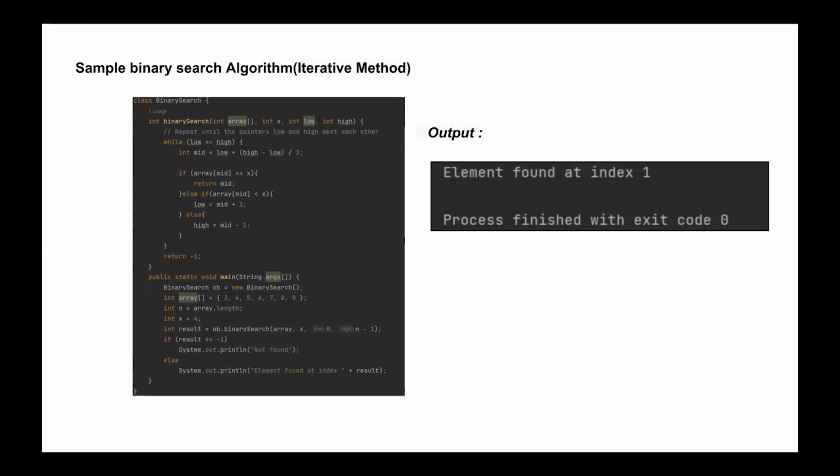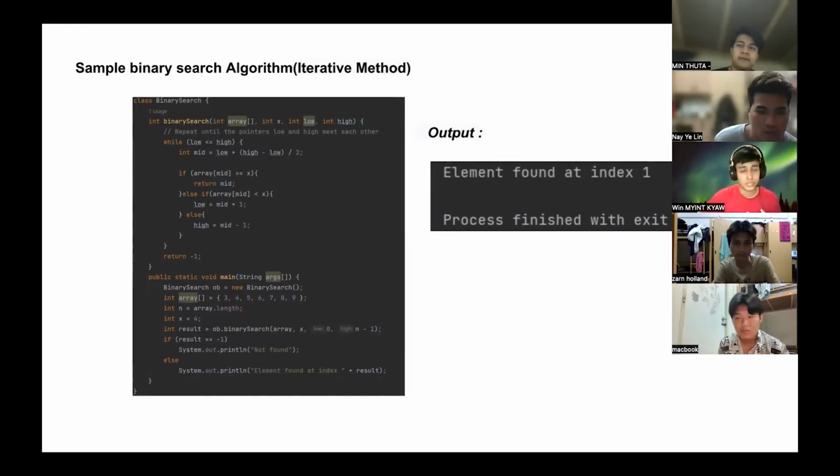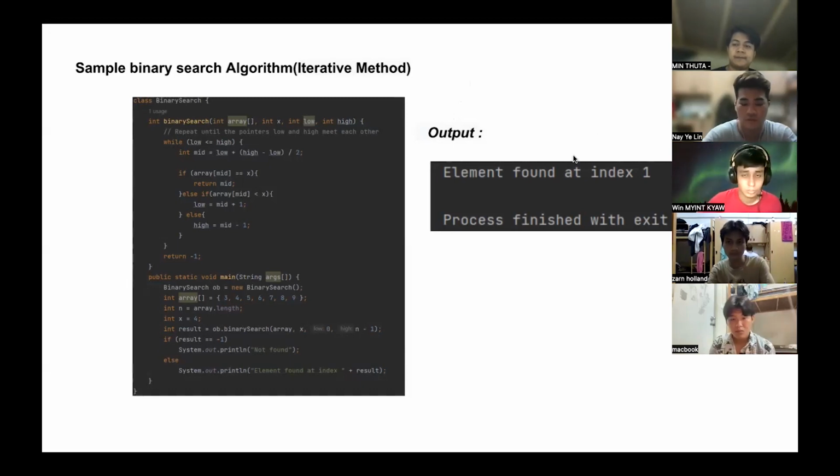If mid is lower than the index, we will go to the left side, and the value of low will be mid + 1, while the value of high will be mid - 1.